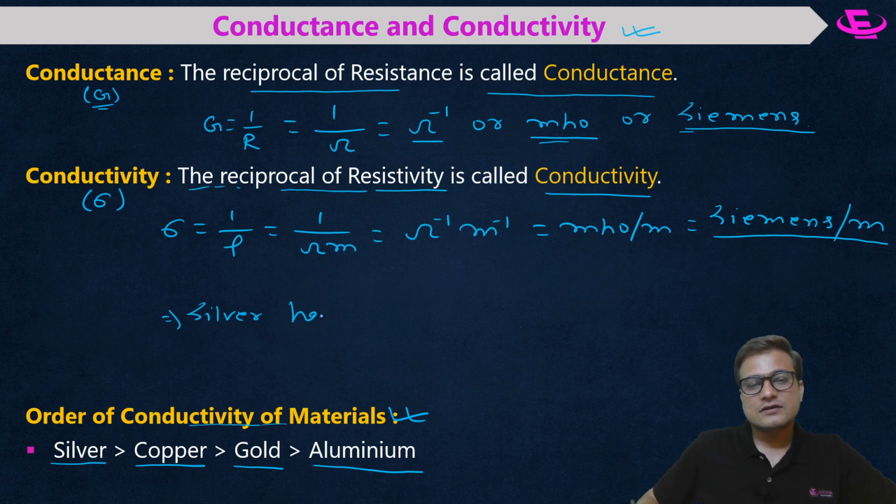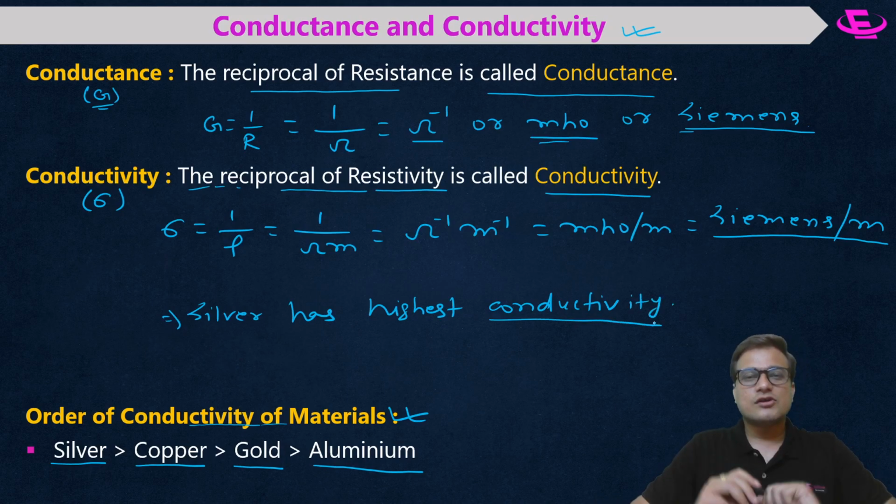Silver has the highest conductivity. Now your question will be, sir, gold has the highest price, so why is its conductivity not high? I am telling you, gold has the highest price because gold has different uses. It is being used in jewelry.